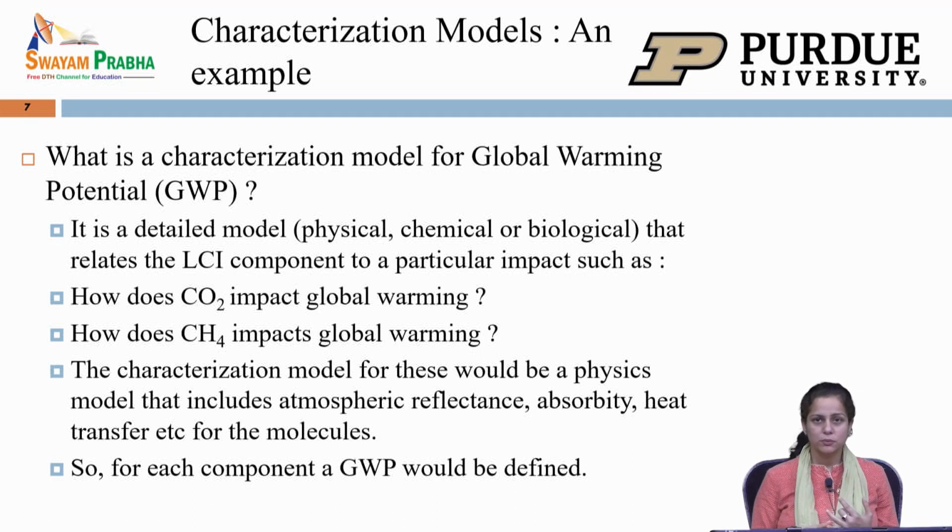So it includes atmospheric reflectance, absorptivity, which is the absorbance of some of the heat transfer, etc., for the molecules. And each molecule, if you go back to your chemistry lessons, has a different capacity of absorbing or not absorbing heat. So for each component, your GWP would be defined differently based on its chemical characteristics, and that's where your characterization factors come from.